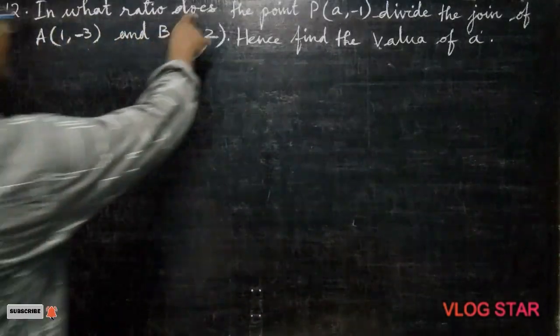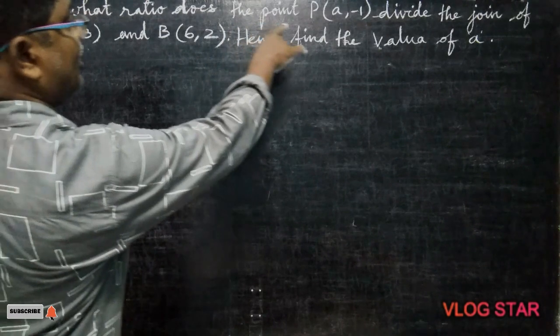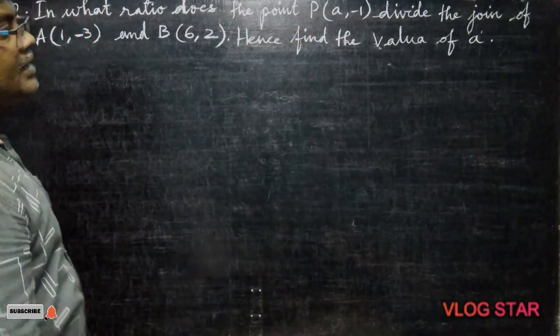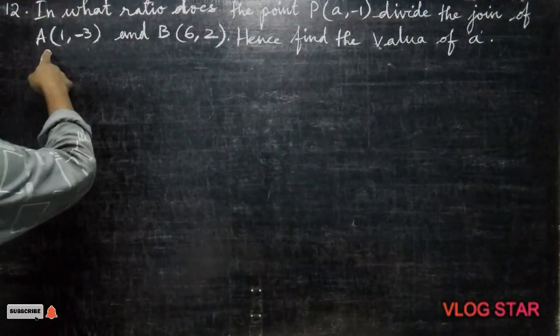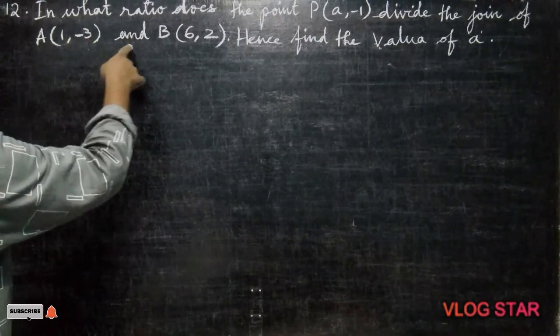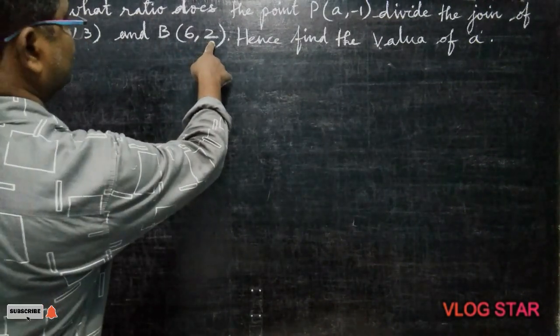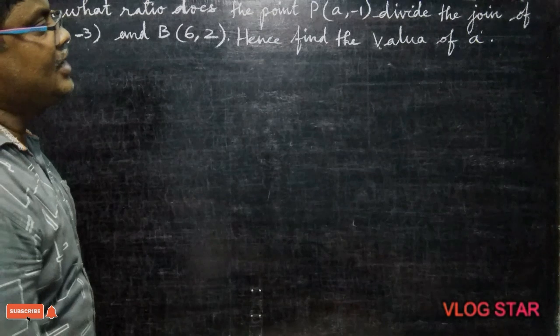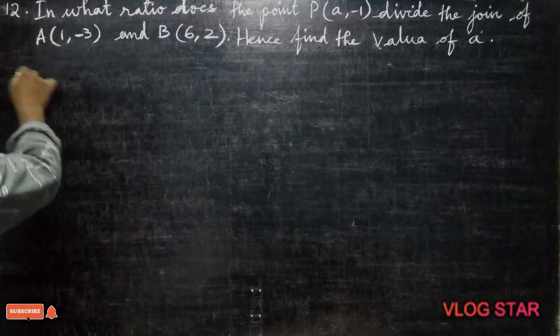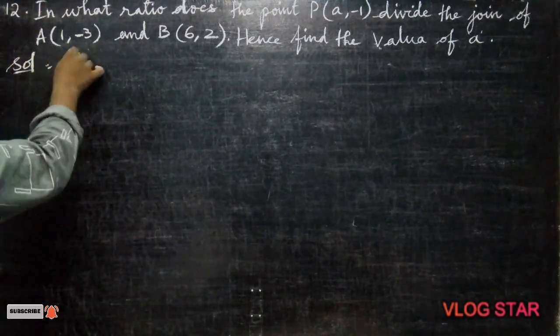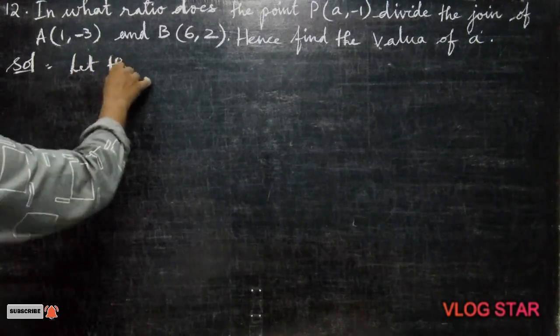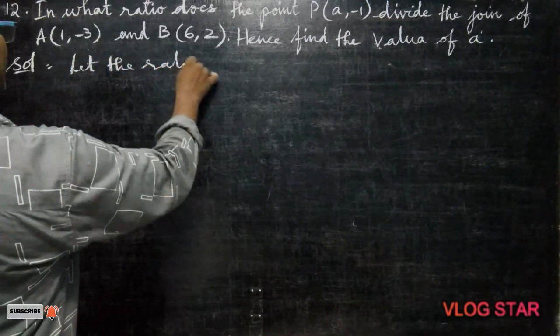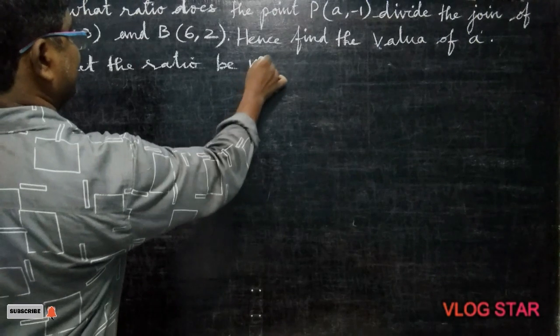In what ratio does the point P(a, -1) divide the line joining A(1, -3) and B(6, 2)? Find the value of a. In what ratio? We don't know. Let the ratio be m is to n.